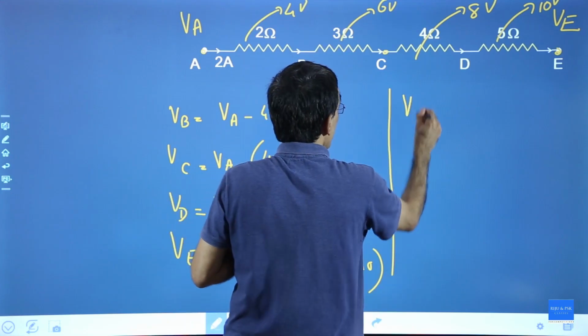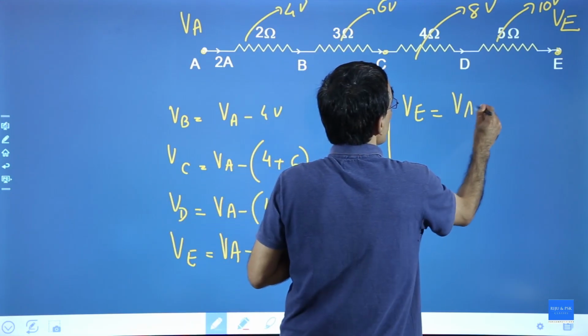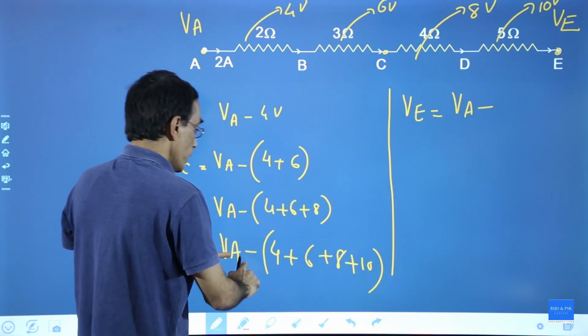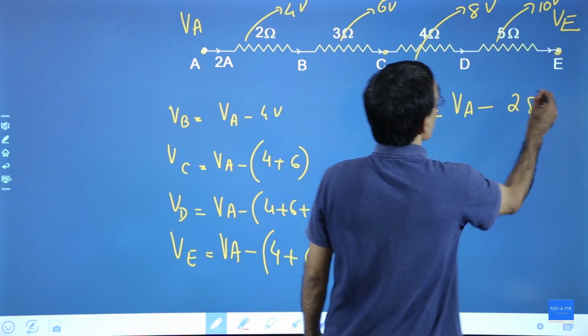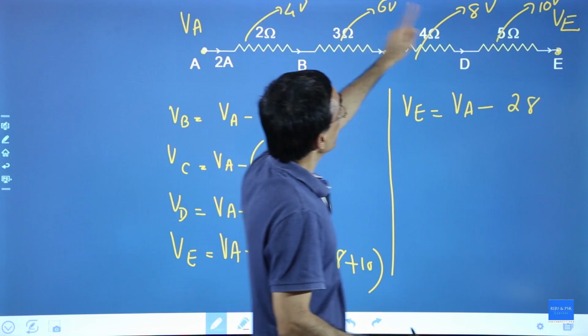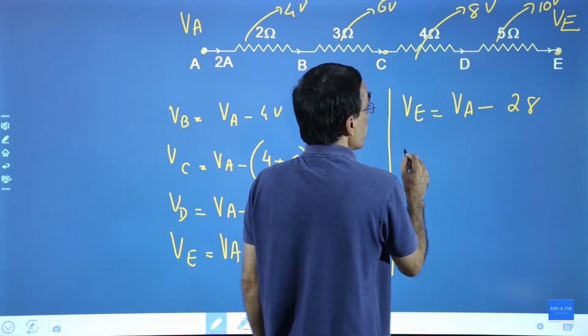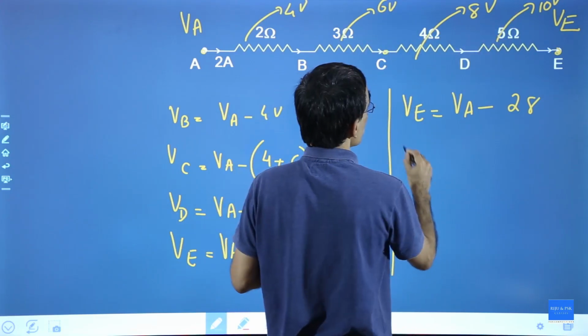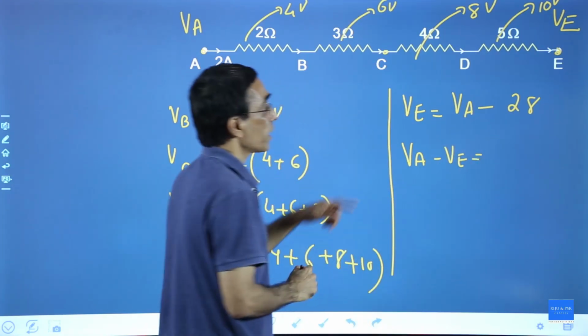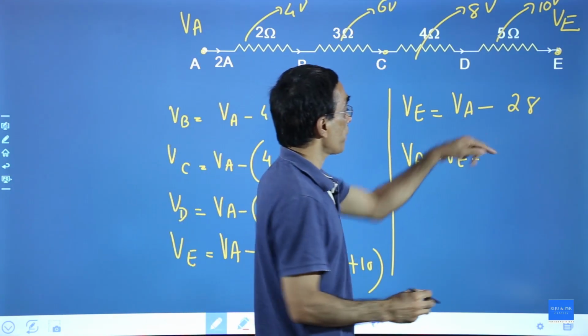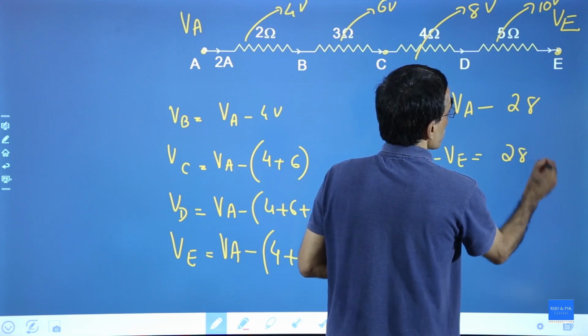So VE is equal to VA minus 28, right? Am I right? 4 plus 6, 10, 18 plus 10, 28. So what is the total difference, VA minus VE? VA minus VE equal to 28 volt.